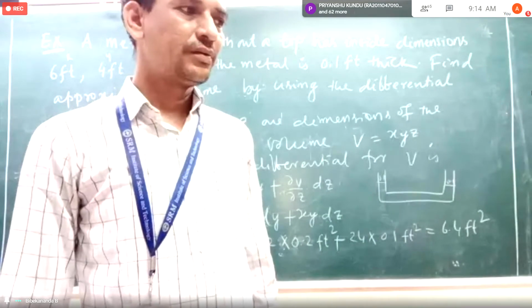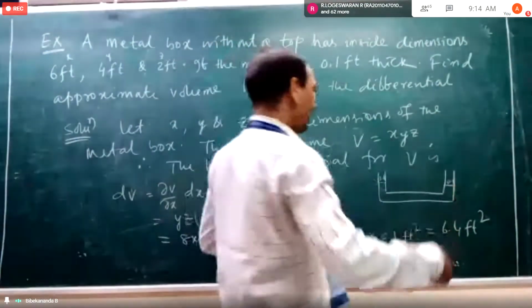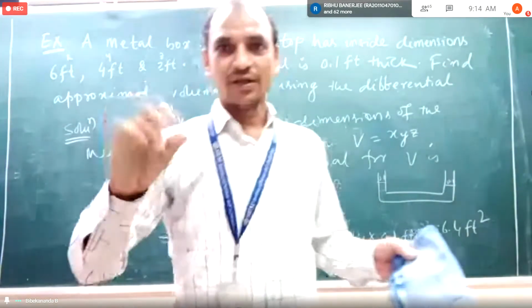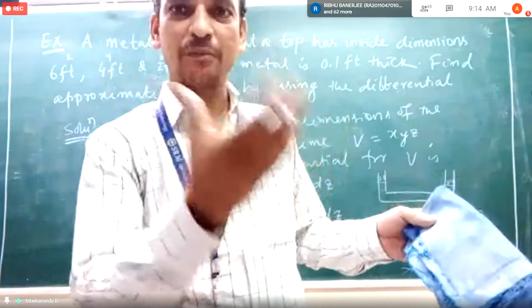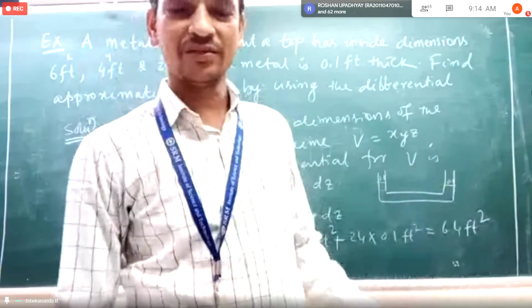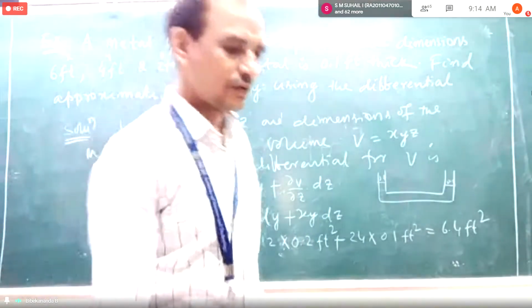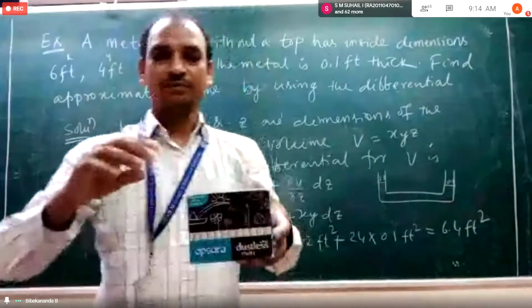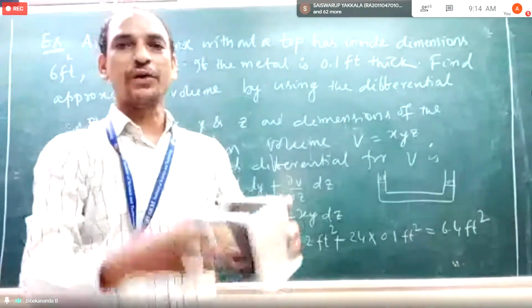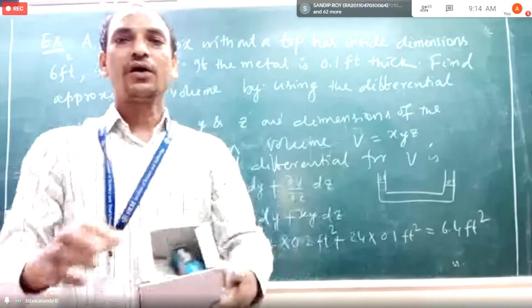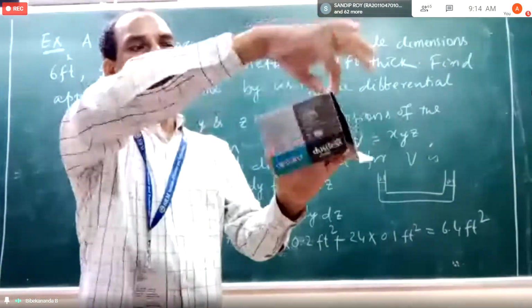Understood? Okay, sir. Similarly, with respect to y, if you see the chalk box, it has length, breadth, and height. If the inner part of the chalk box is empty, it will have a thickness. Yes or no? Yes, sir. Suppose I will not consider the upper as closed. So this upper part is open. So I will have a thickness of this side, this side, this side, this side.